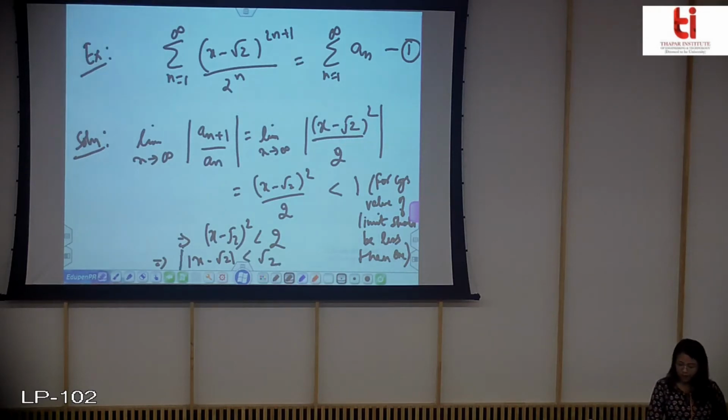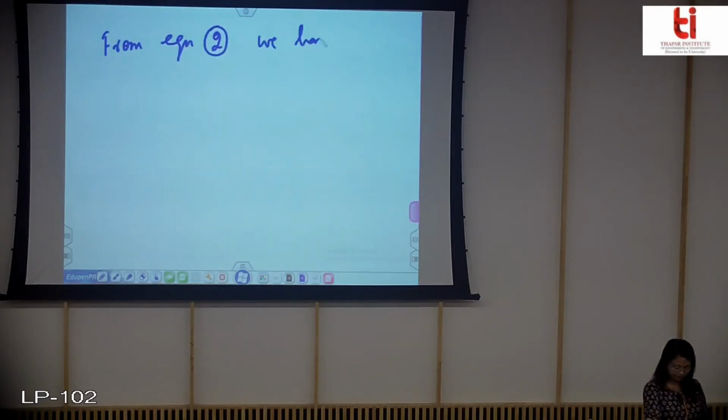Now by this expression what do you find? We find that our radius of convergence is root 2 and the center is also root 2. So we can write, if I call it equation 2, equation 1 is already taken here. Now from equation 2 we have the value of x.